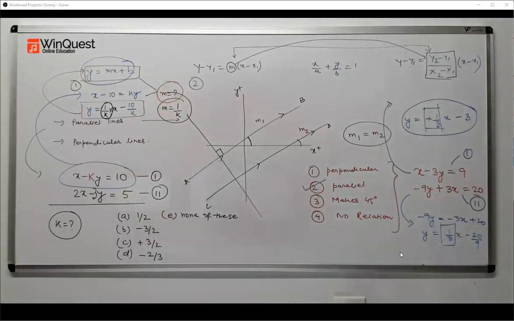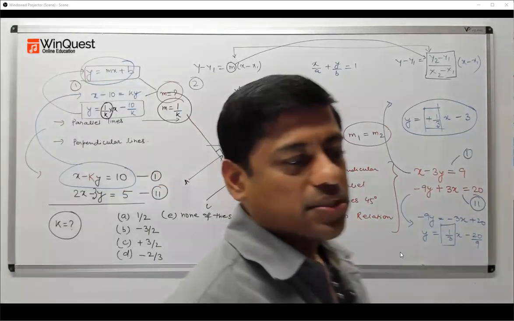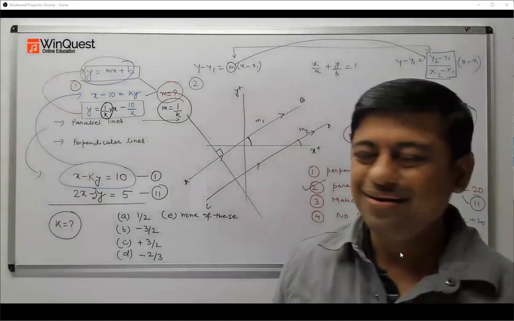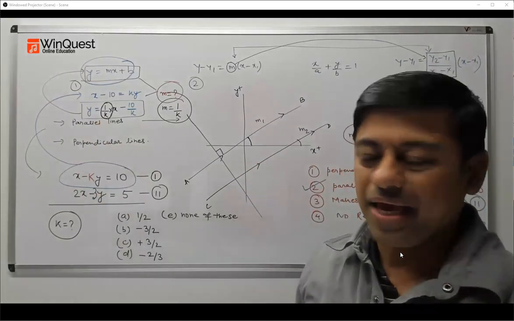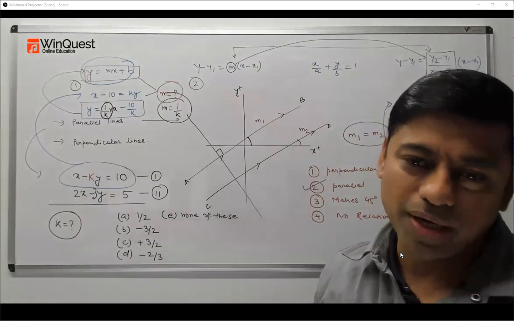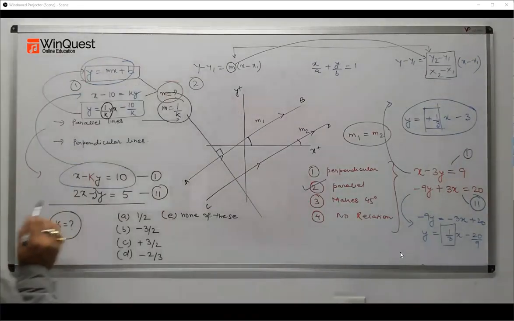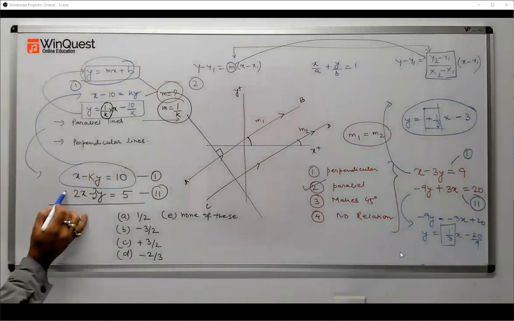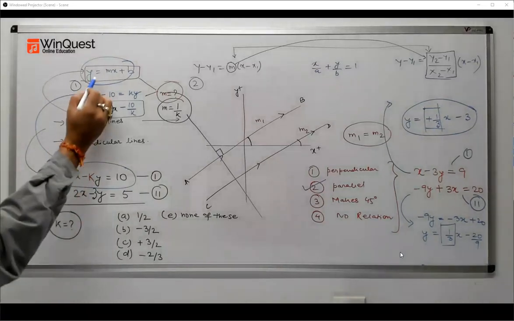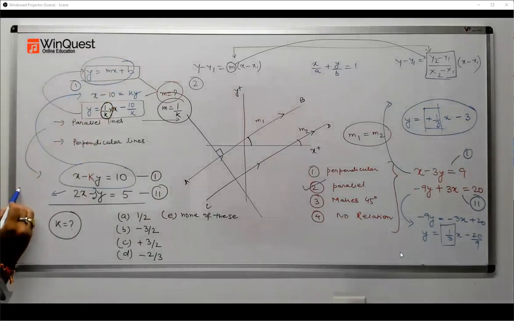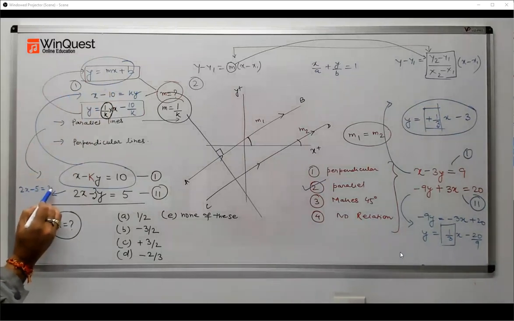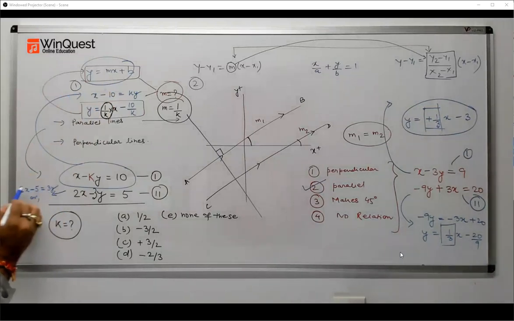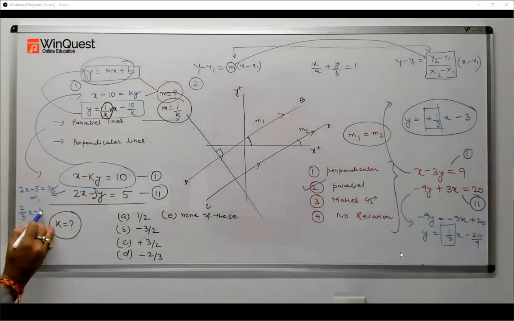Are we clear? Yes, sir. Right. If this is 1 by k, and if I calculate the slope for this one, you put this line in this format, you will find this is 2x minus 5 equals 3y, or dividing both sides by 3, 2 by 3 x minus 5 by 3 equals y.